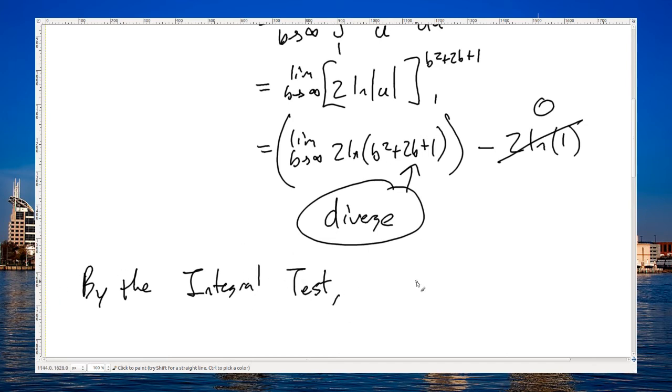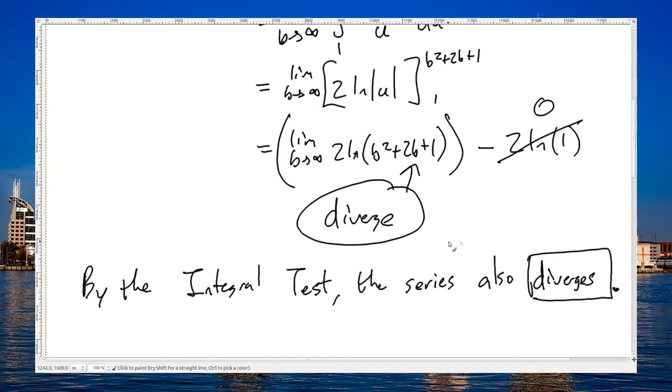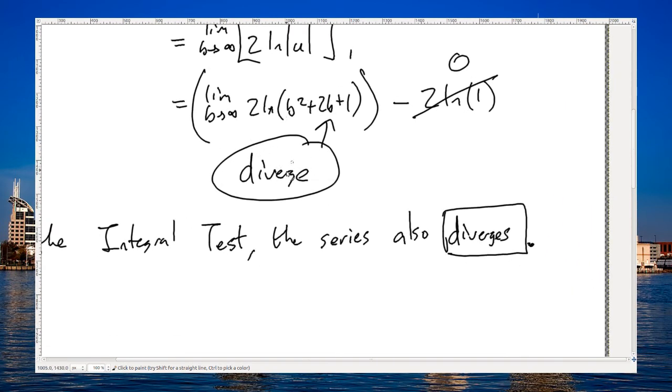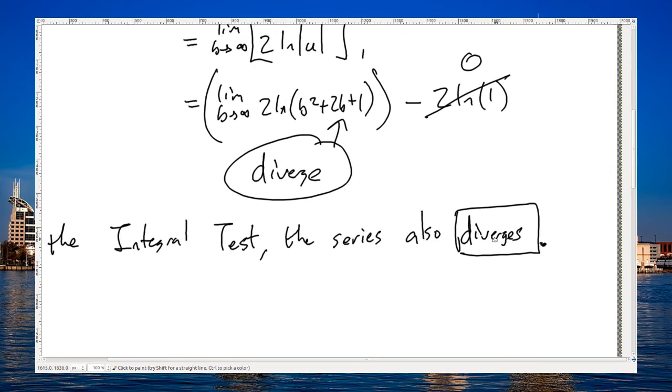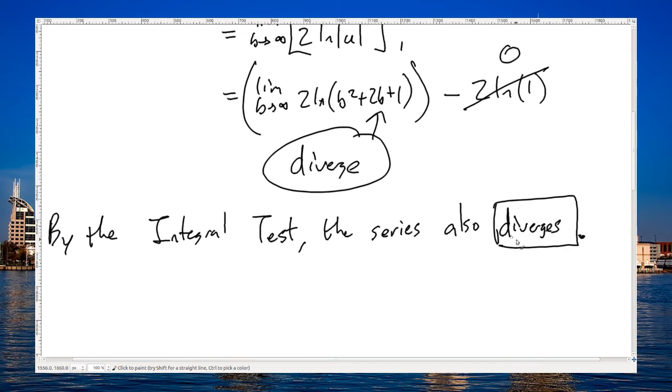I'm using the integral test here. The series also diverges. All right. If I'd found out that this was a number and it converged, then I would say the series also converges. But this is definitely the series also diverges. All right, and that wraps up that problem.